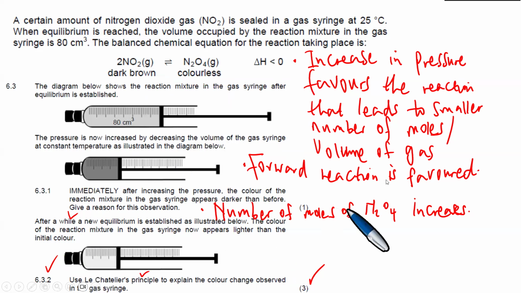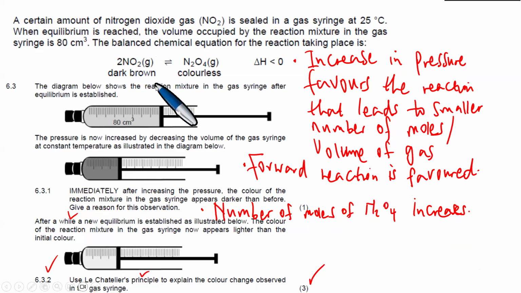In the way we are explaining it here, an increase in pressure favors the reaction that leads to a smaller number of moles. So if we increase the pressure, it favors the reaction that leads to a smaller number of moles, meaning the forward reaction is favored and the number of moles of N2O4 increases.